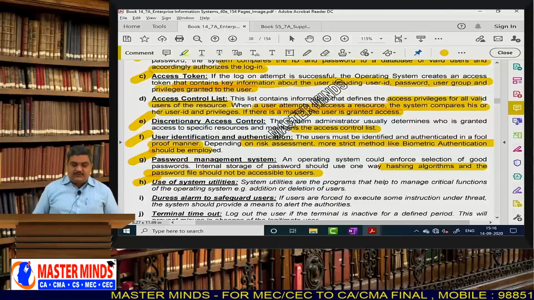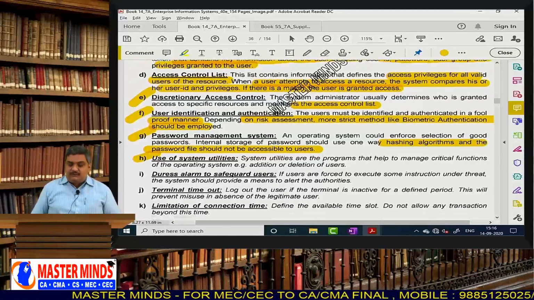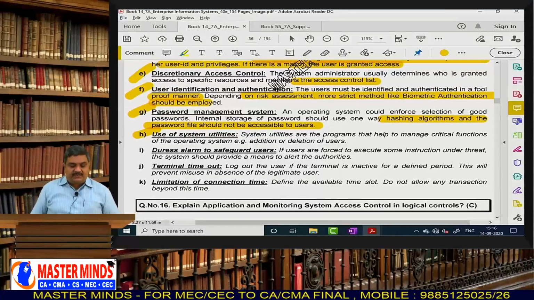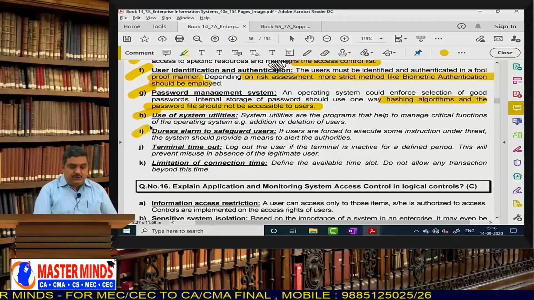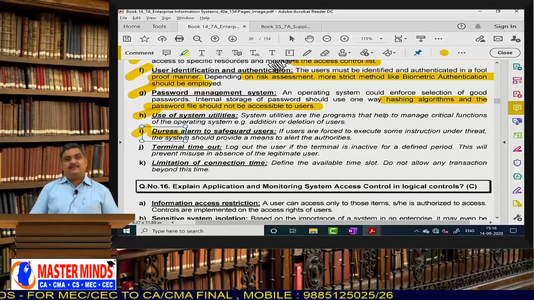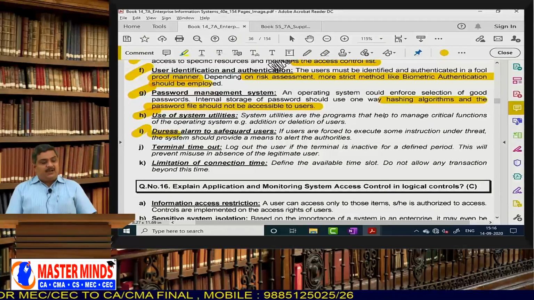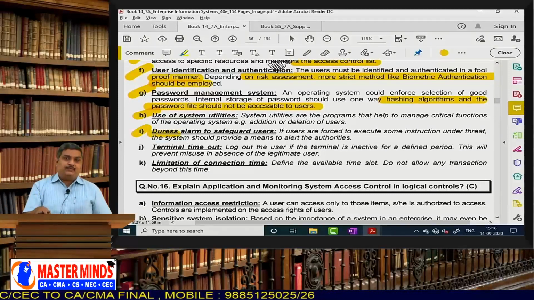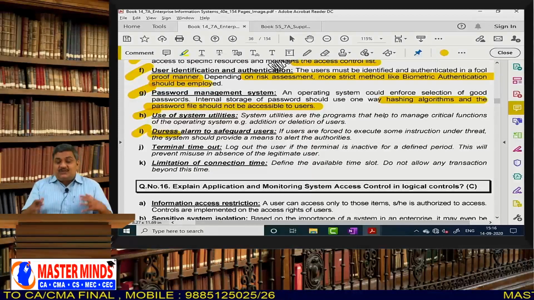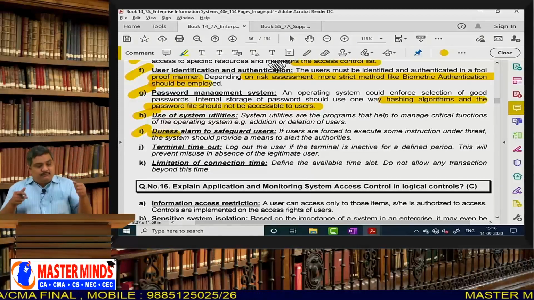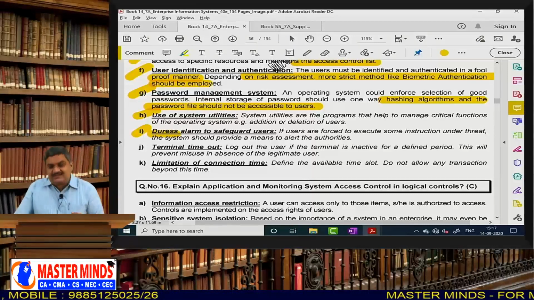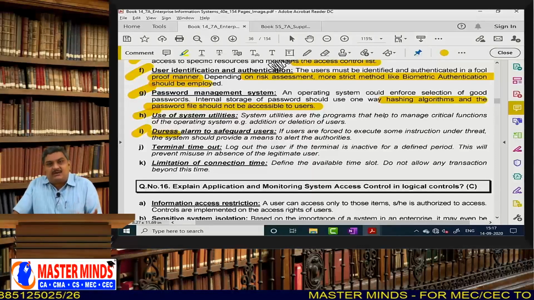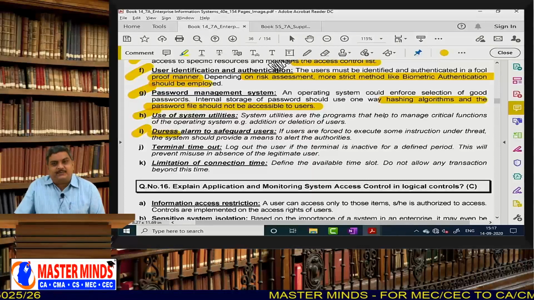And a duress alarm to safeguard users. If users are forced to execute some instruction under threat, the system should provide a means to alert the authorities. See, duress means stress. If someone threatens you, for example, at an ATM, if you press some button continuously, or if you make some stress on the ATM, definitely there will be a duress alarm in the ATM.